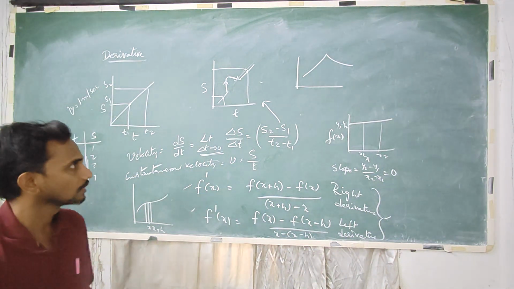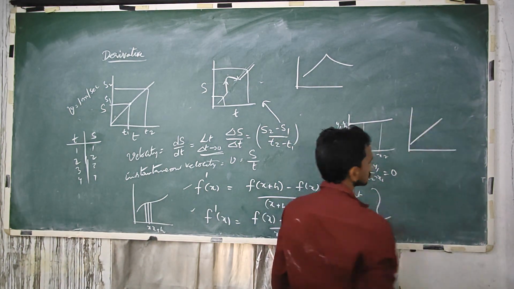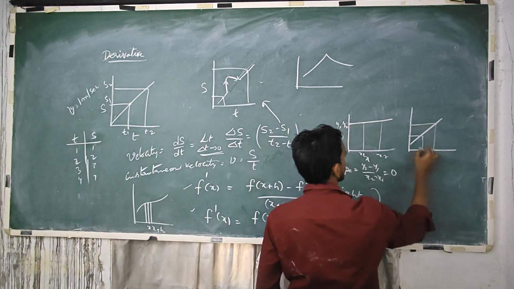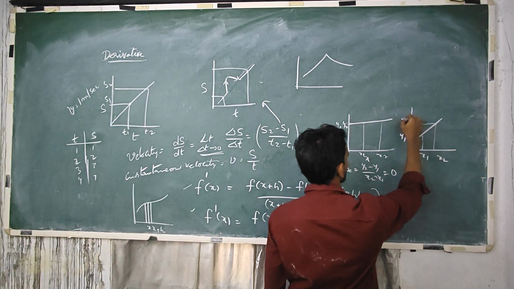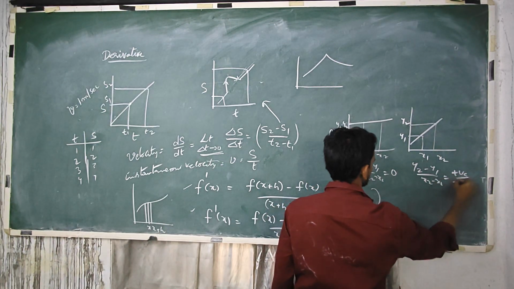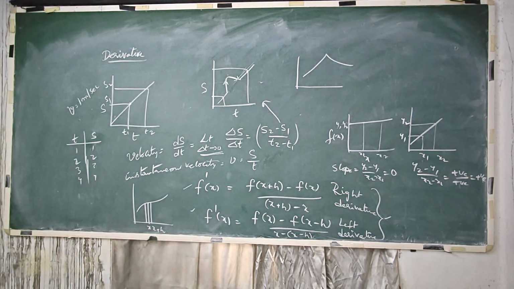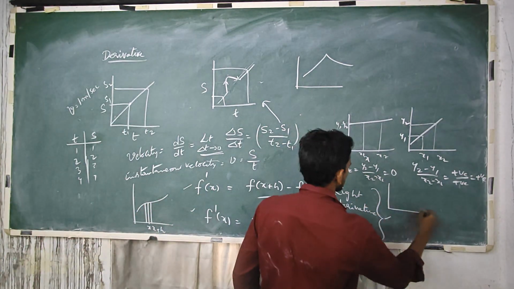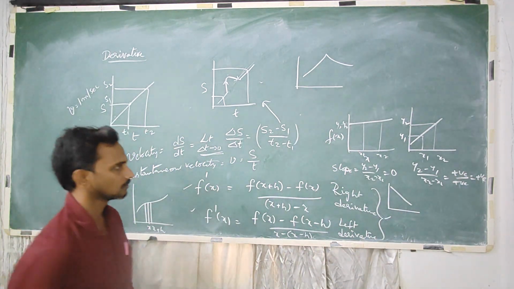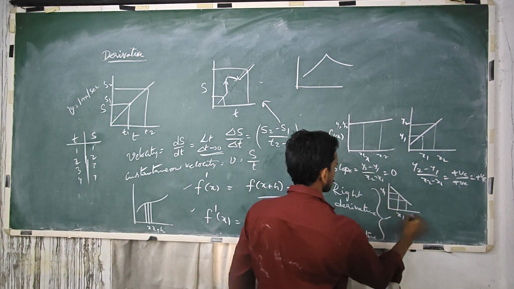See, and if it rises up, then y2 minus y1 by x2 minus x1 will get a positive number. It is positive slope. So next, if it is a falling curve, what is the slope? x1 y1 x2 y2.